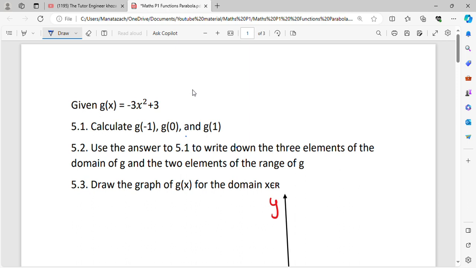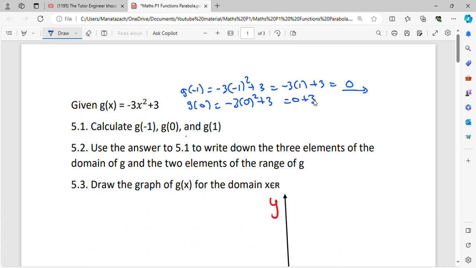Okay, so g of minus 1 is equal to, where there is x, you just replace by minus 1, and then this is minus 3 plus 3, which is 0, and then g of 0, we do likewise, replace x by 0, and then you'll have 3, then g of 1, do the same thing.